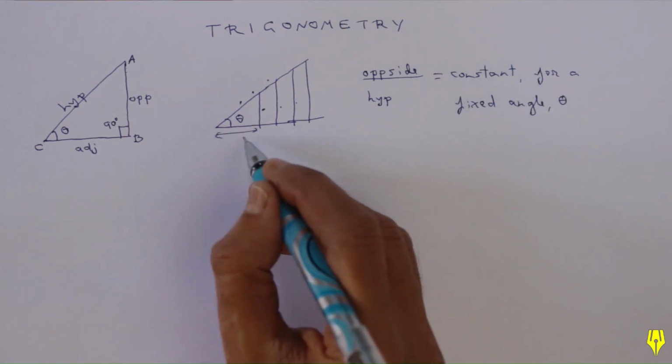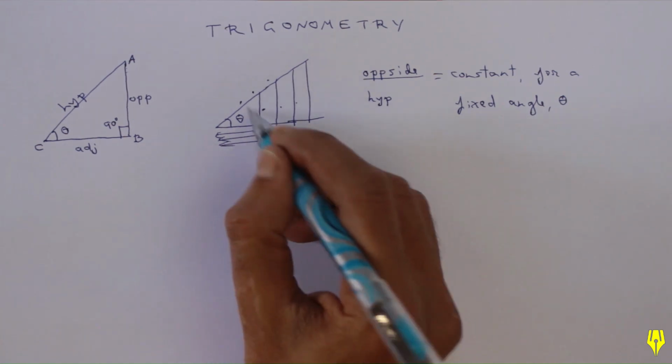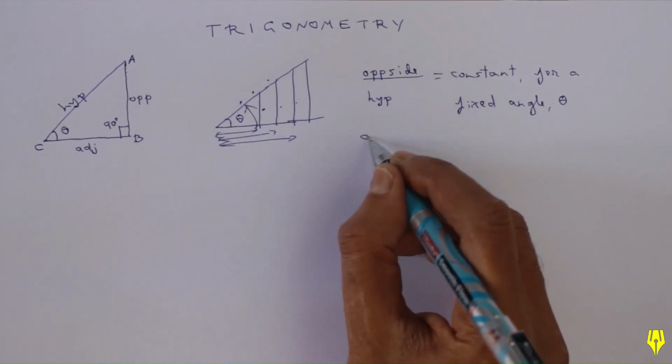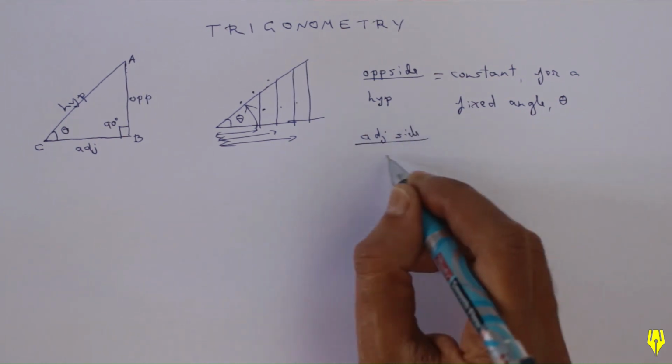Similarly, the ratio of the adjacent side to the corresponding hypotenuse as the height is increased will also be constant for a fixed angle theta.